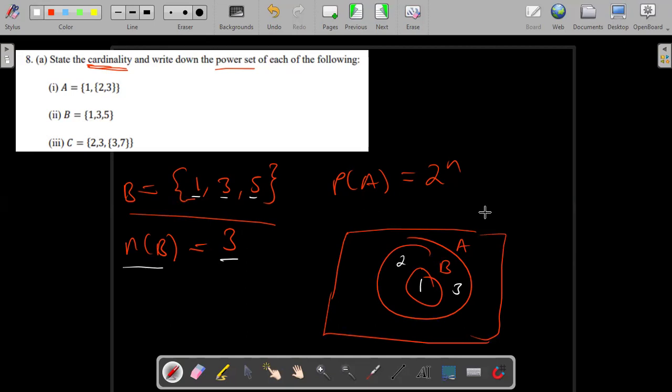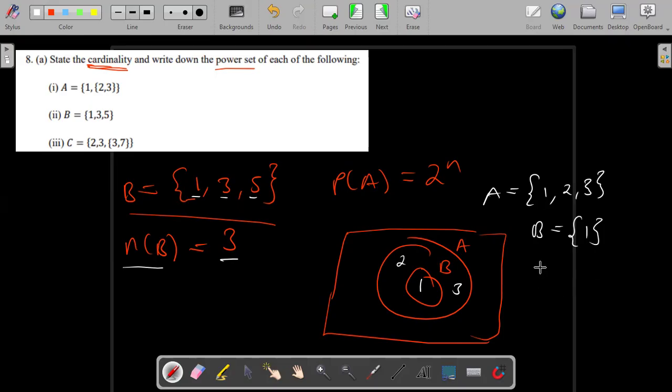If I was to list down the set A, it's just going to be equal to the set A containing 1, 2, and 3. Then the set B contains the element 1. This one here, I can also see it in the set A. The one which is in B is also in the set what?